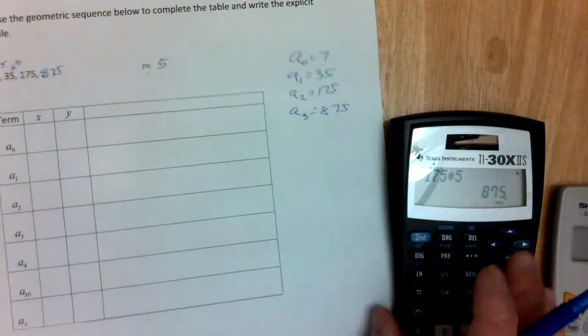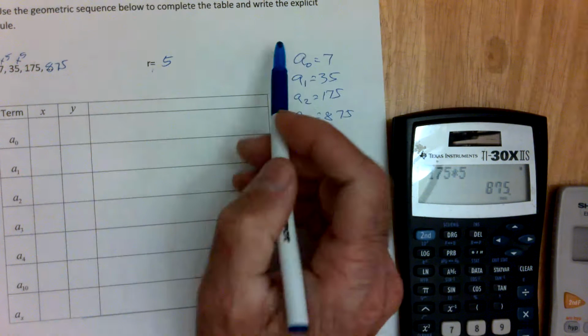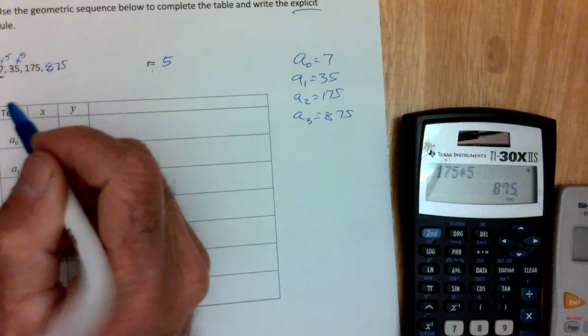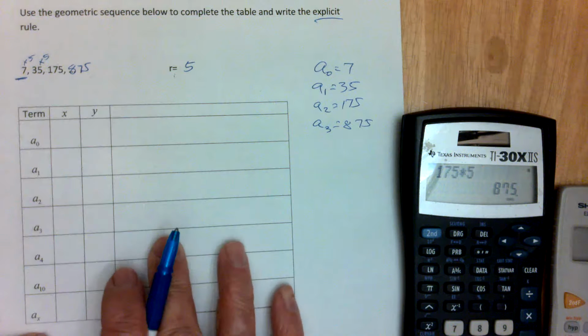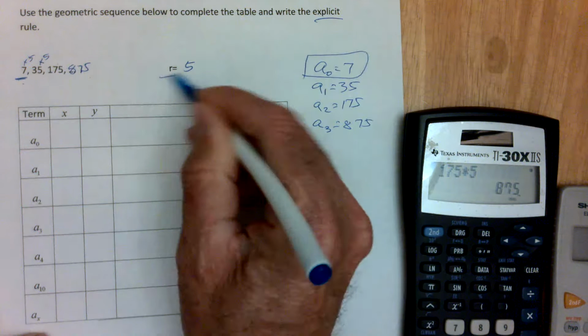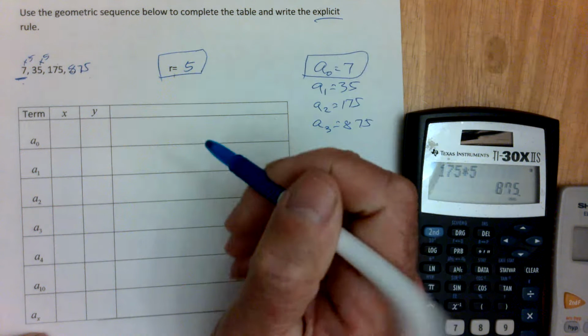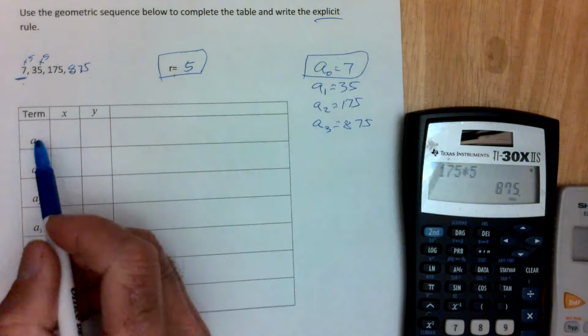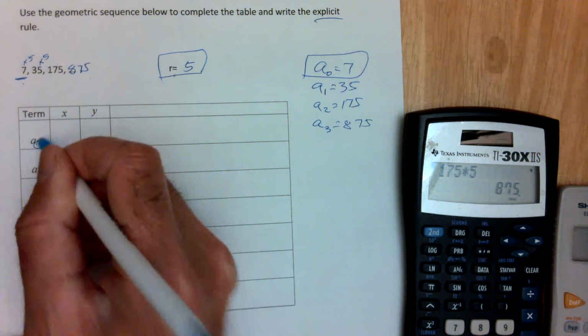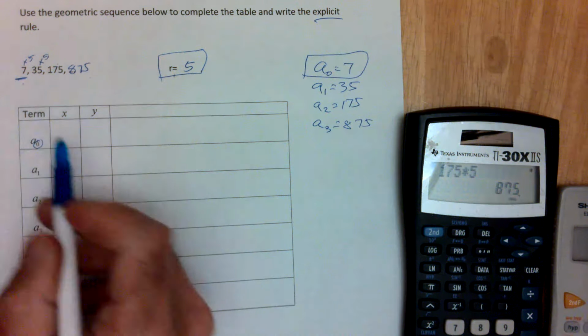And we know r. In order to write the explicit rule, there are two numbers that are extremely important. We need to know a sub 0, and we need to know r. I'll show you how we're going to find it. We're going to take these terms and the subscript.